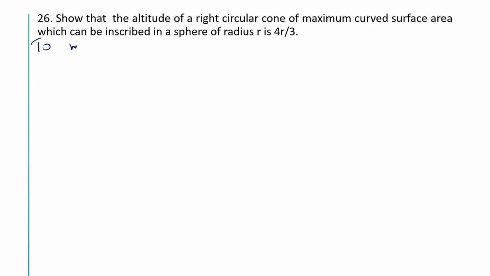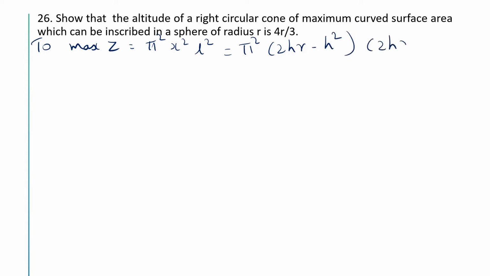So to maximize, Z is equal to pi square x square L square, or it is equal to pi square into x square, we have got 2hr minus h square, into L square is 2hr, or this is equal to 2 pi square r into 2h square r minus h cube.